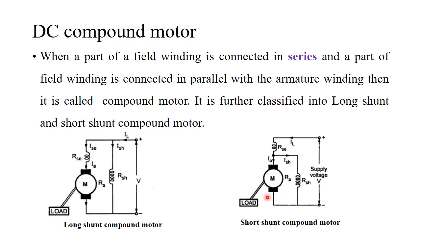If the shunt winding is connected in parallel only to the armature, then it is called a short shunt. Long shunt means both are connected in series, and this shunt winding will be connected in parallel, whereas short shunt means only the armature will be in parallel to the shunt field winding.